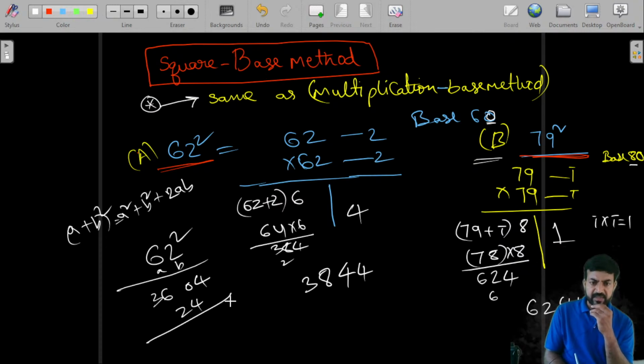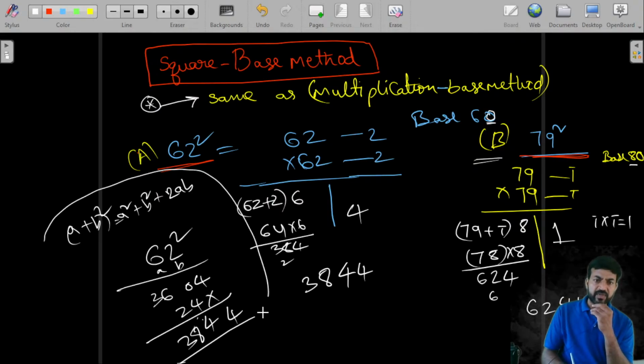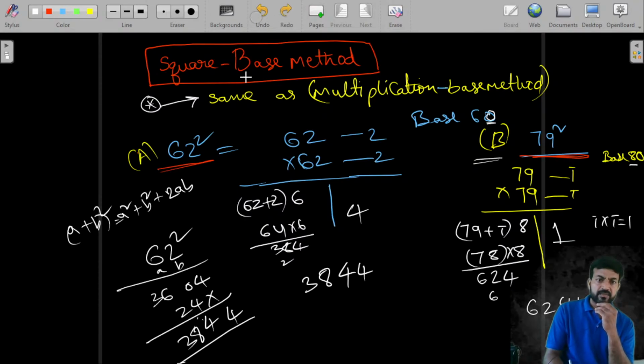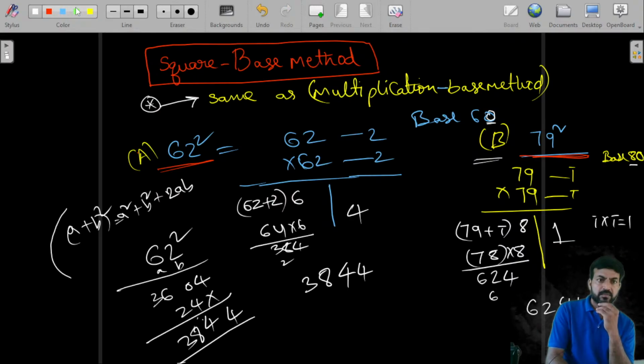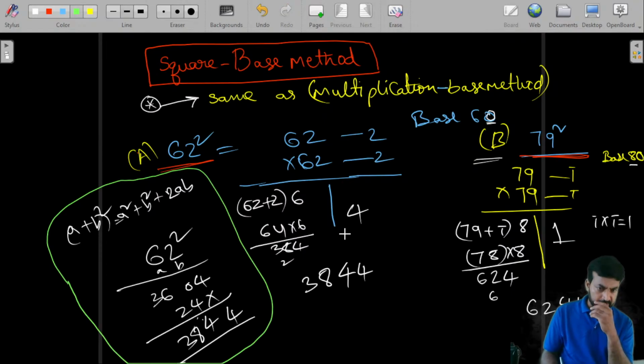You will get the same answer. 4 here, you should not write anything here. So 4 here, 8 here, 3 here. Even you can use this universal method. You can use the universal method or this base method. Is it clear, everyone?